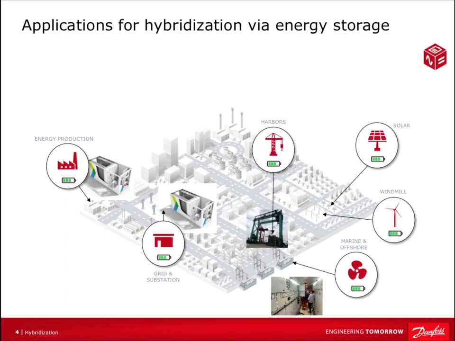Other applications we can look at, for example, could be harbor cranes. Some harbor cranes, rubber tire gantry cranes, for example, are a form of mobile application, running again from a diesel genset. That diesel genset has to be sized for peak load handling capabilities. When lifting a load and accelerating it, it requires a very high peak current when the load starts to get up to maximum speed. In this case, there's a requirement for increased energy.